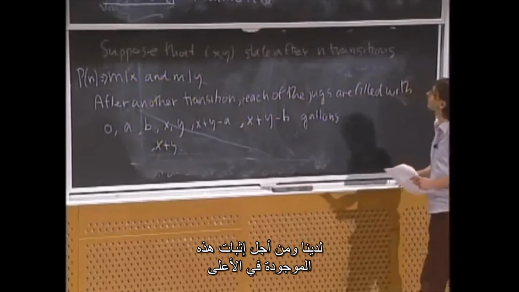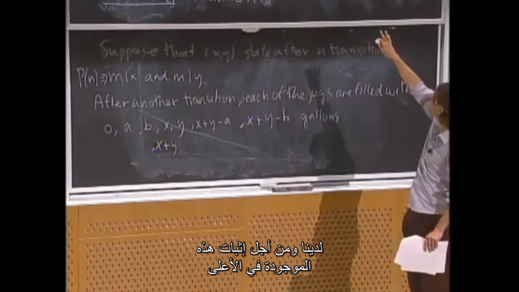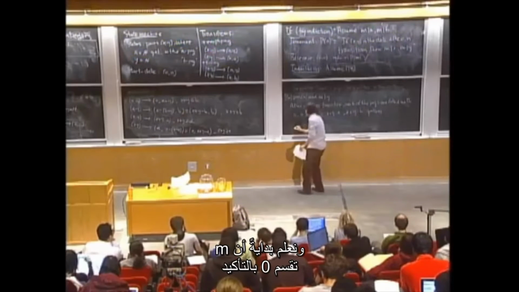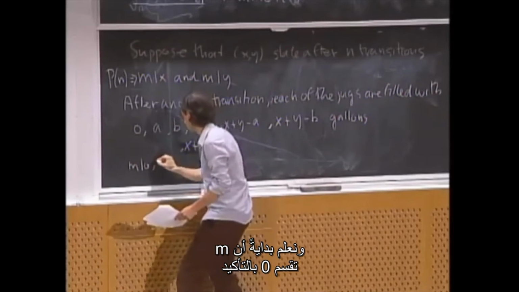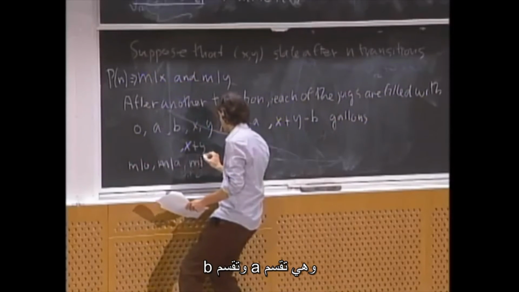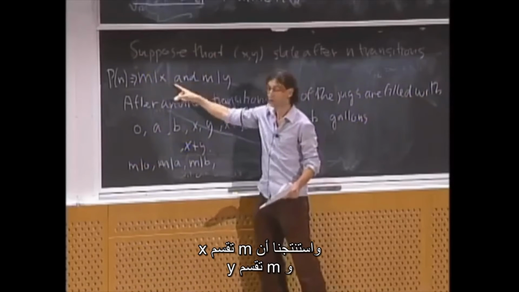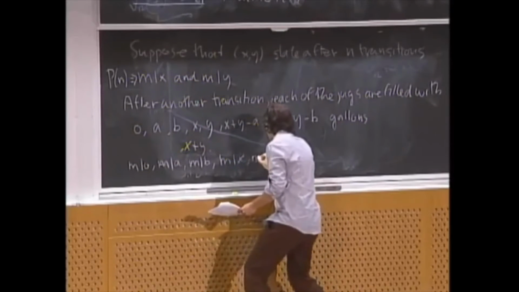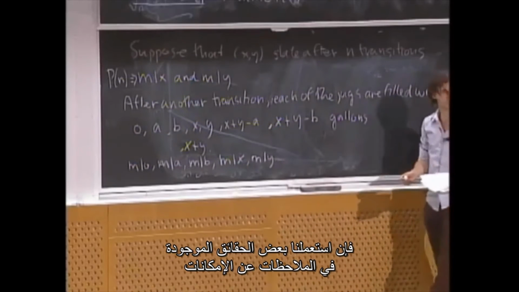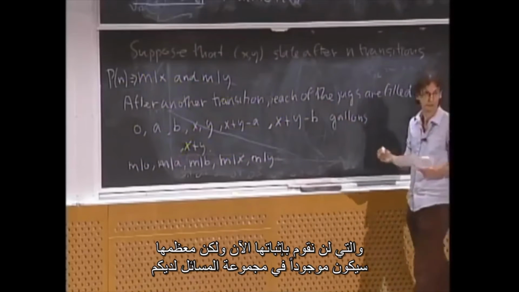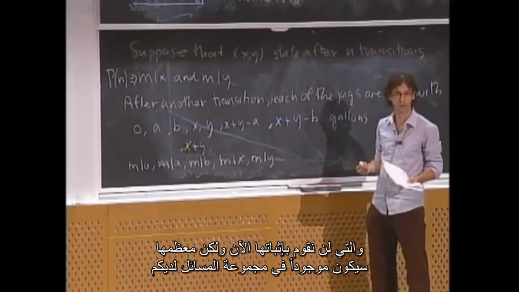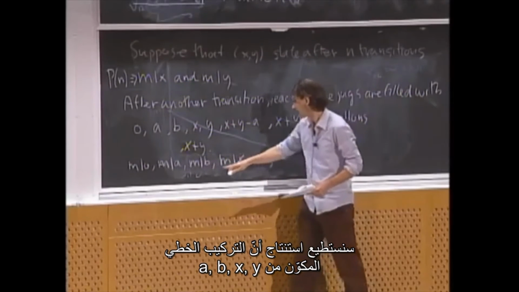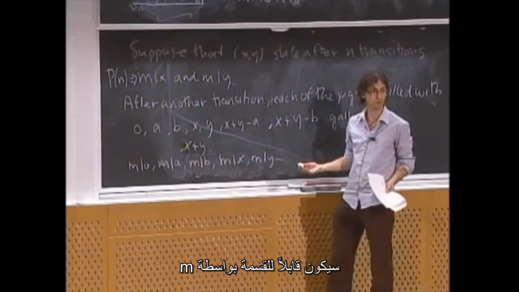In order to prove this, right at the top over here, we assume that m divides A and m divides B. So we know that m divides 0, of course, m divides A, and m divides B. We have concluded that m divides X and also m divides Y. If we now use some facts about divisibility on your handout, which we will not prove now, but most of them will be on your problem set, we can conclude that any linear combination of A, B, X, and Y will be divisible by m.